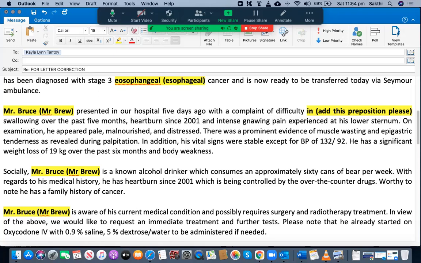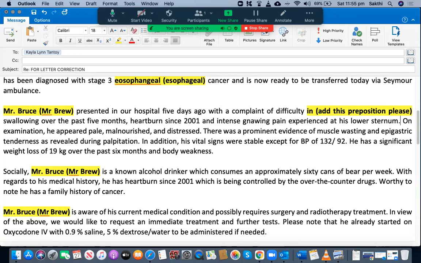On examination, he appeared pale, malnourished, and distressed. That's good. There was a prominent evidence of muscle wasting and epigastric tenderness as revealed during palpitation. That's wrong.